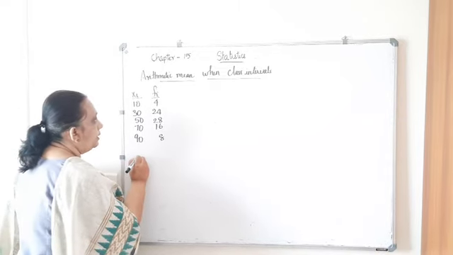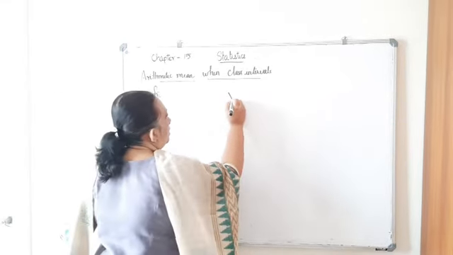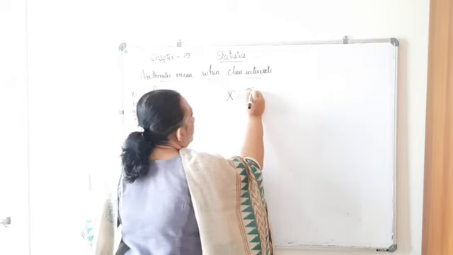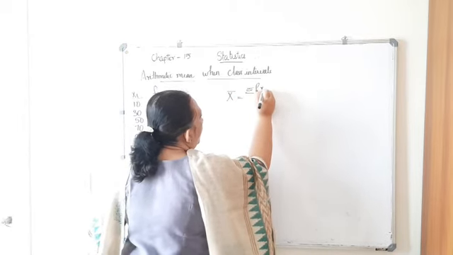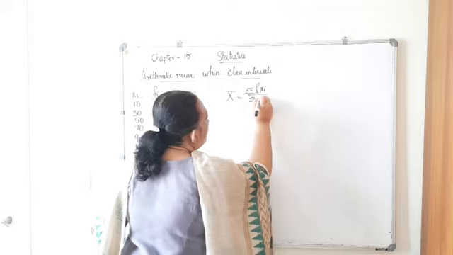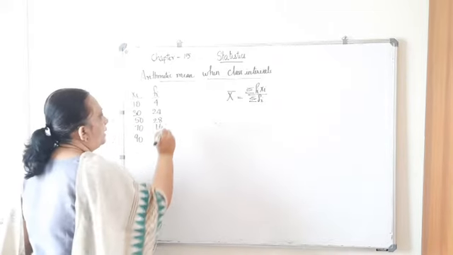So what is X bar equal to? X bar is equal to sigma Fi Xi divided by sigma Fi. So what will be the next column?